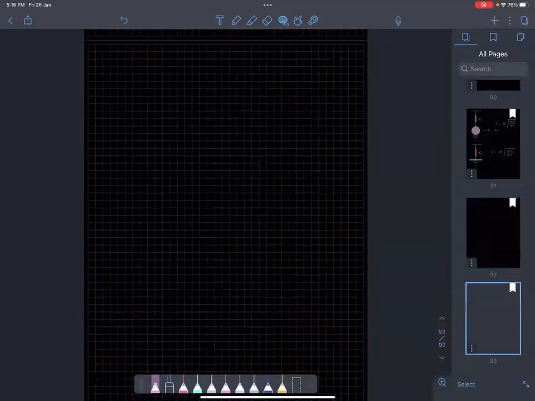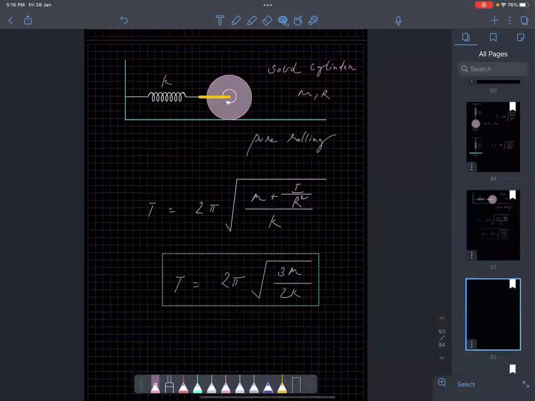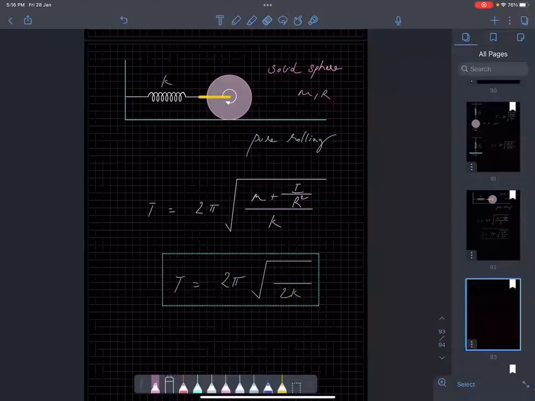Same problem. Just the moment of inertia changes for the solid sphere. Tell me, what will it be? 7m by 5k.